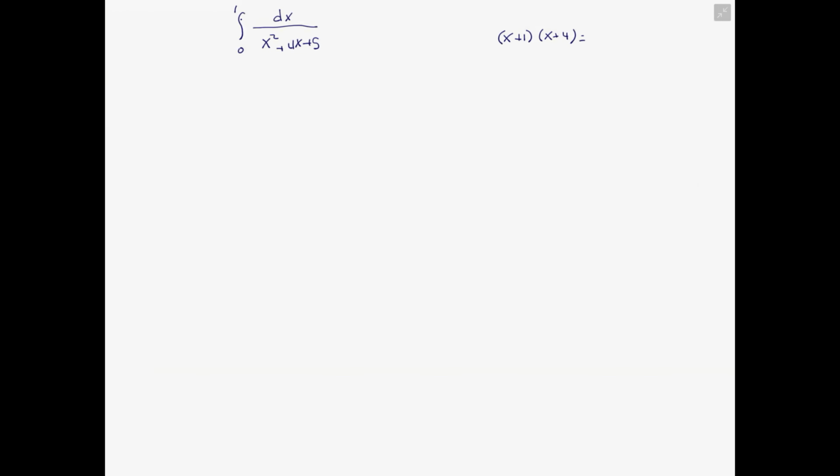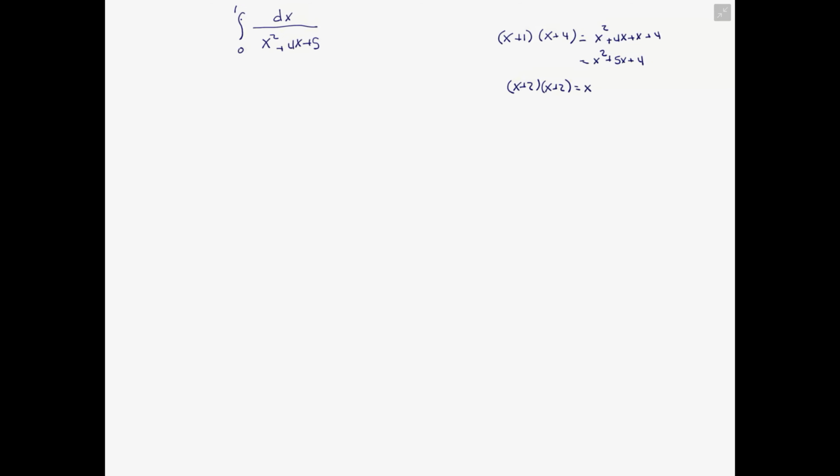This is x squared plus 4x plus x plus 4. So that's opposite of what we've got. That's 5x plus 4. That's not what we want.